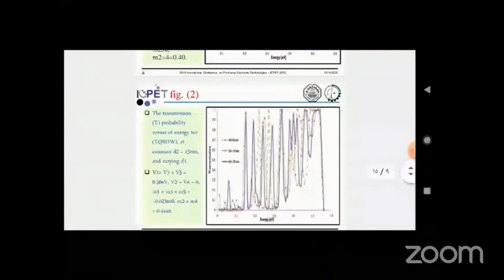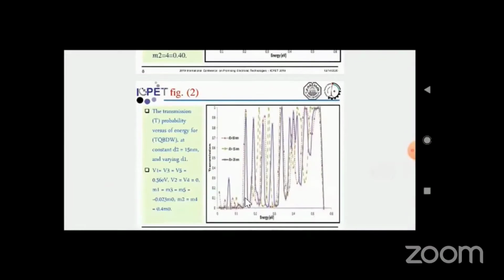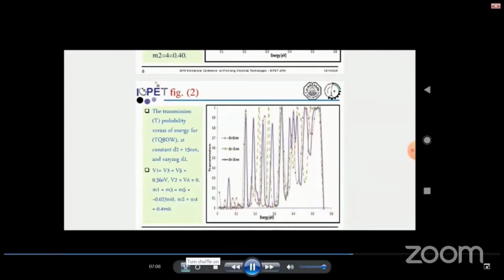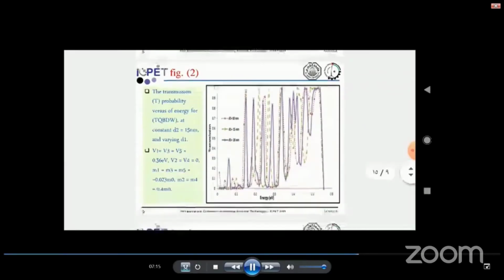In figure 2, the transmission probability T also varies with energy for a triple quantum barrier, double well, at constant D2 equal 15 nanometer and varying D1.